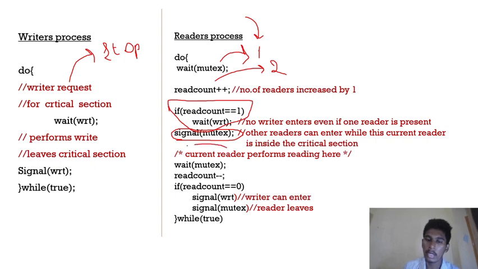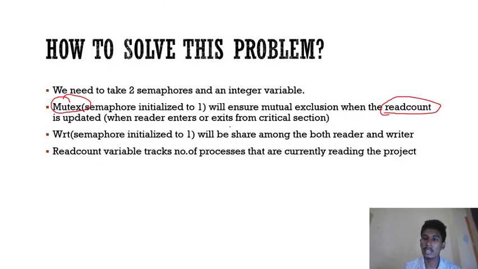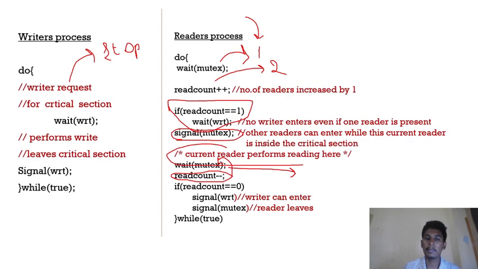While the current reader is performing the reading, after the critical section, we need to remove the reader process. So read count should be decremented. For decrementing, we also need to decrement the mutex value, since they are related, and mutex is the semaphore which makes mutual exclusion when the read count is updated.